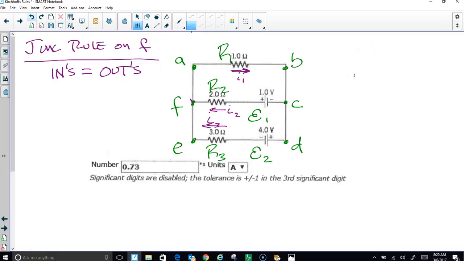So who are the ins? Coming into this junction, I2 is definitely coming in, and I3 is coming in, correct? So I2 plus I3 equals the outs, which are, there's only one, I1. That wasn't too bad, was it?